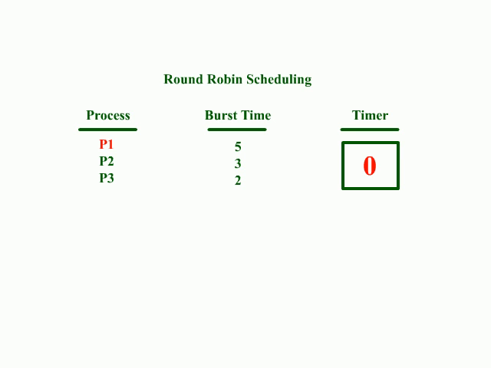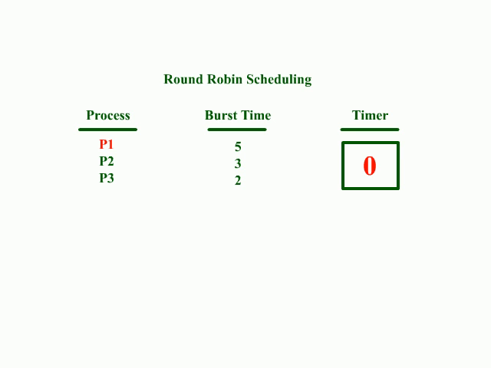Till now in FCFS and SJF, whenever we encountered a process, we were completing the whole process and then jumping to the next process. But in this algorithm, we will be giving it a time slot, and according to that time slot we will be executing all the processes.